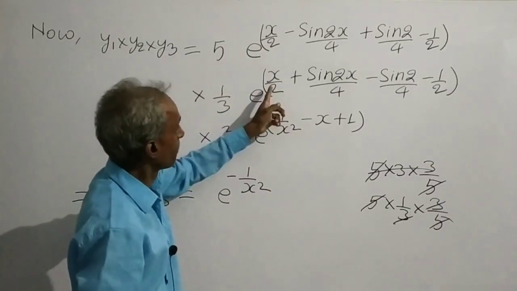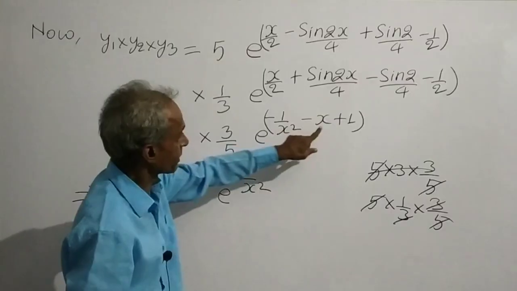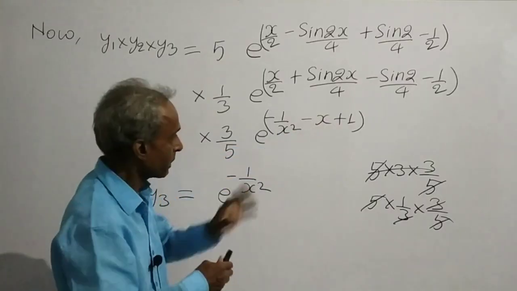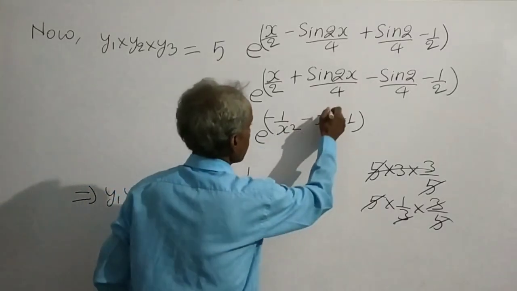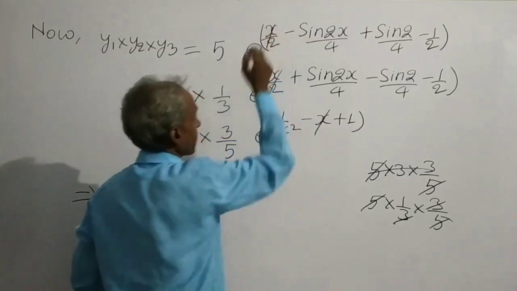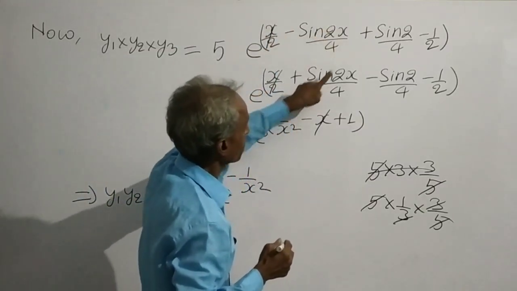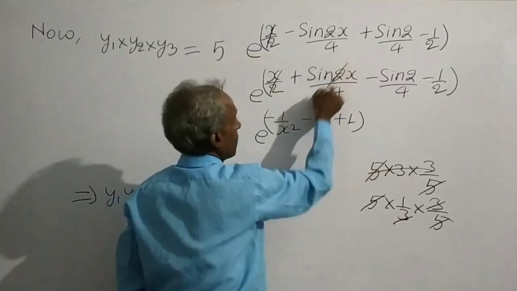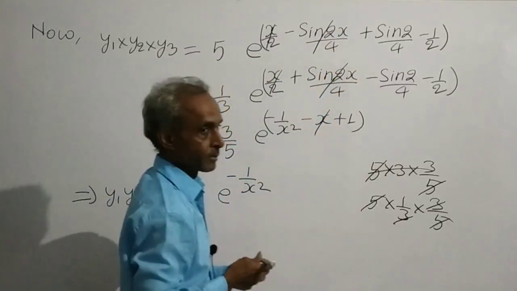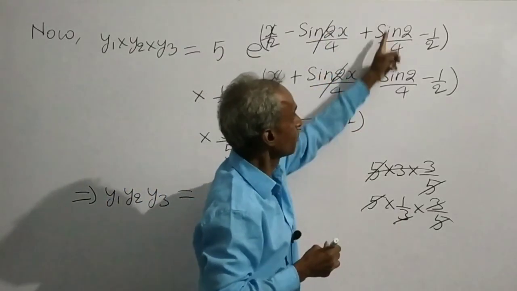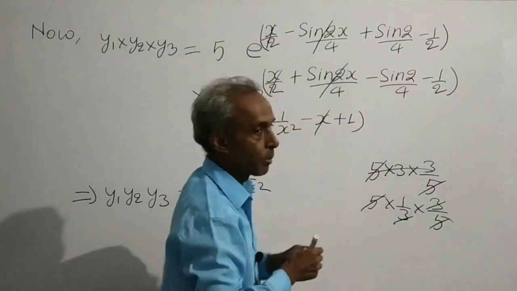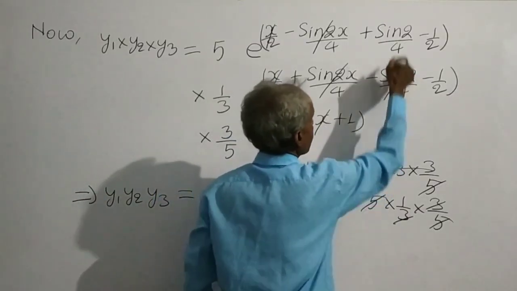x by 2 plus x by 2, x and minus x will be cancelled out. Minus sin 2x by 4 plus sin 2x by 4 will be cancelled out. Plus sin 2x by 4 minus sin 2x by 4 will be cancelled out.